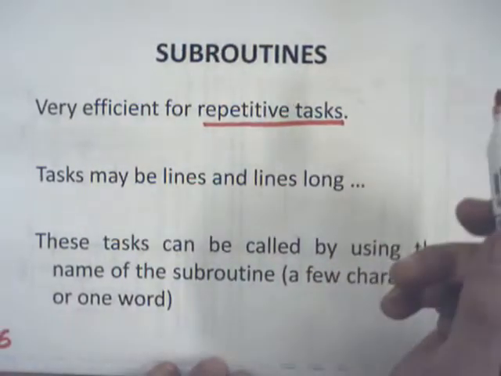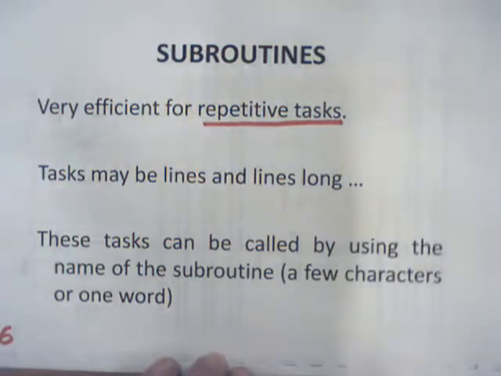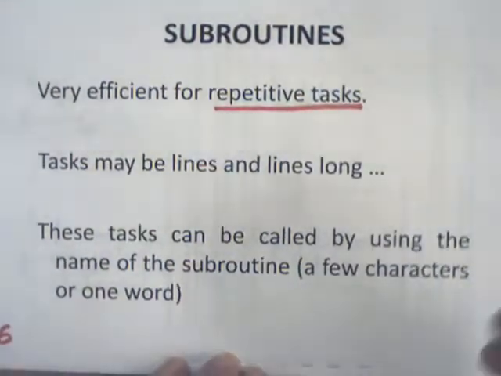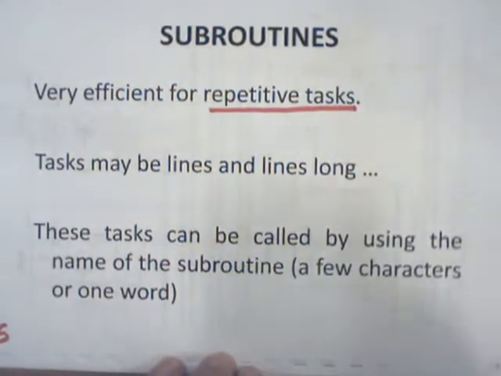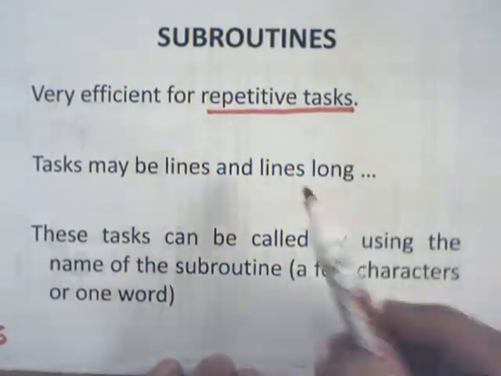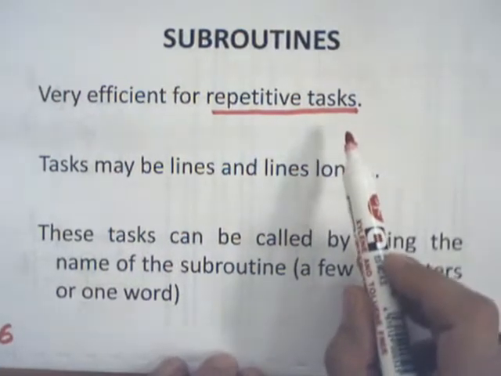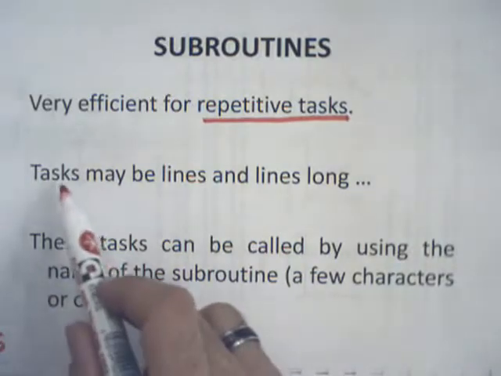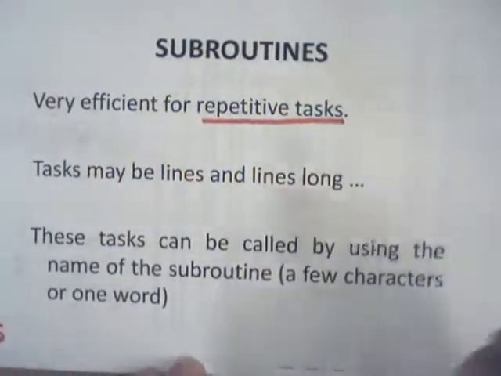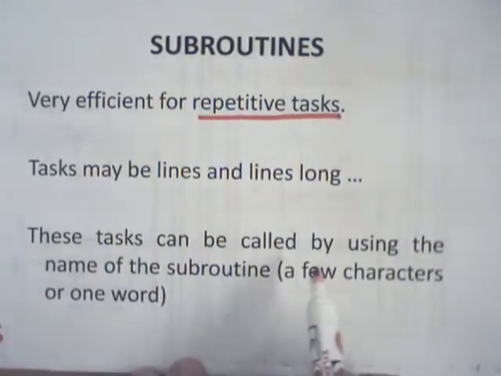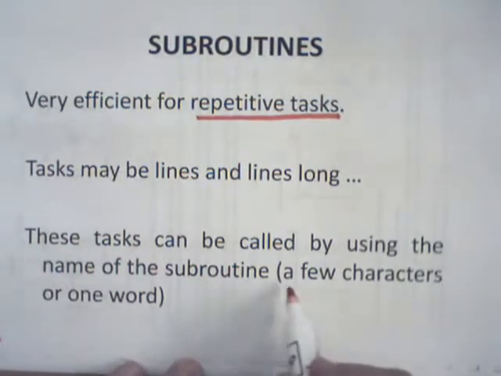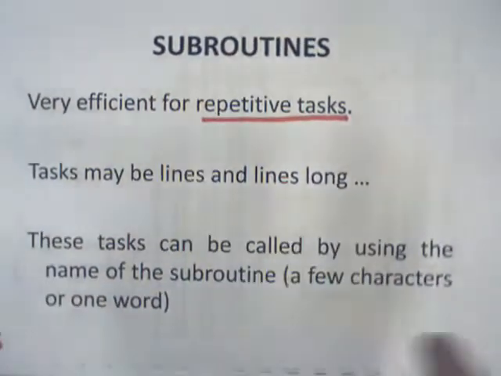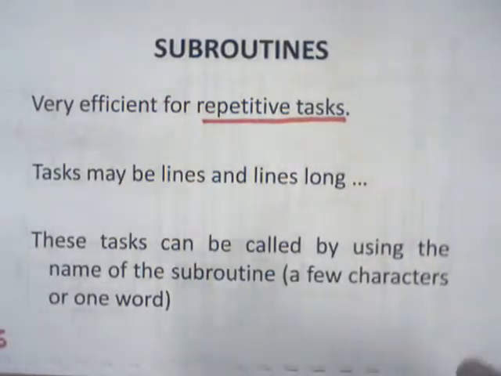So if you continuously repeat a special task in the program, then define a subroutine and call this subroutine in the program as many times as you can. So that saves valuable program length as well. Tasks may be lines and lines long, and these tasks can be called by using the name of the subroutine, a few characters or one word, and that's it. You just call the name and the program does the rest.